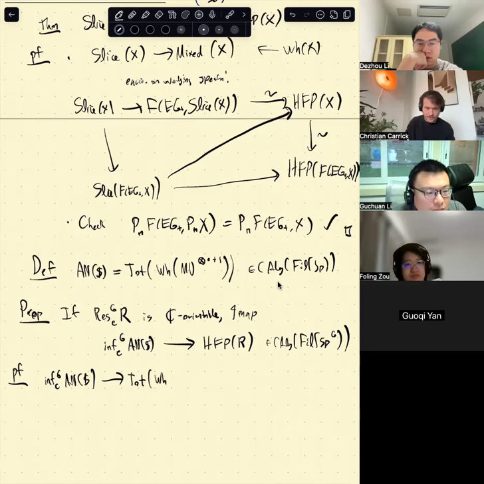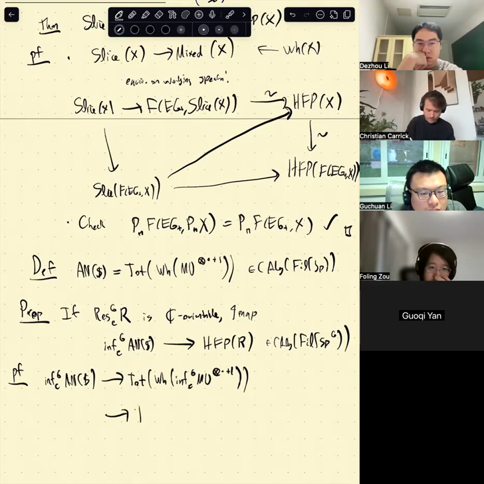So this sort of limit comparison map. Okay. And there's a map from that to the thing I get by tensoring everywhere with R.